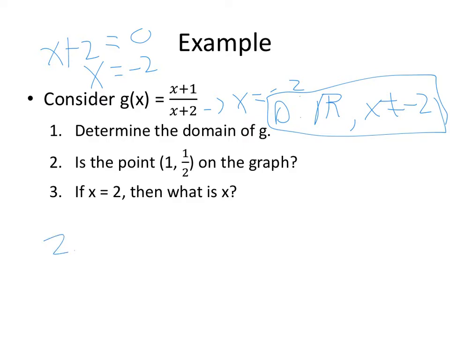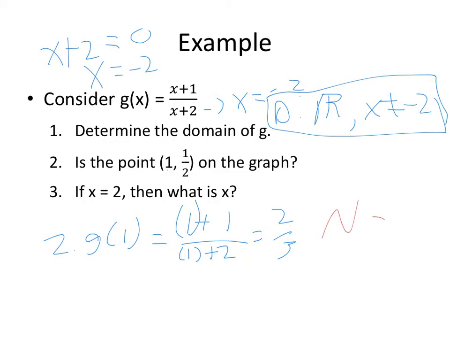Now for number 2, determine if the point (1, 1/2) is on the graph. You can just plug 1 into x. If you notice, when you plug in 1, you actually get 2/3. So the answer is no. And question 3 should say, if x equals 2, then what is g of x?